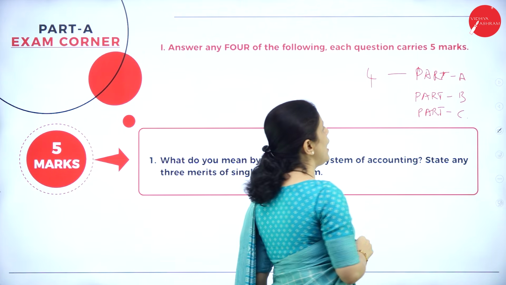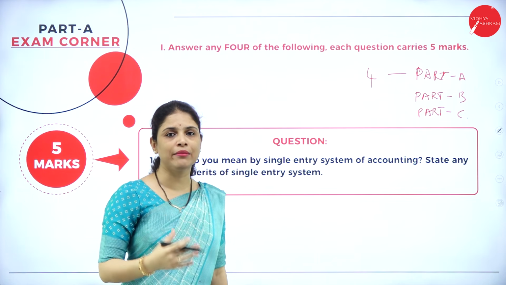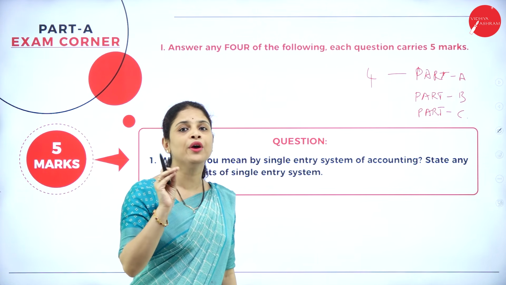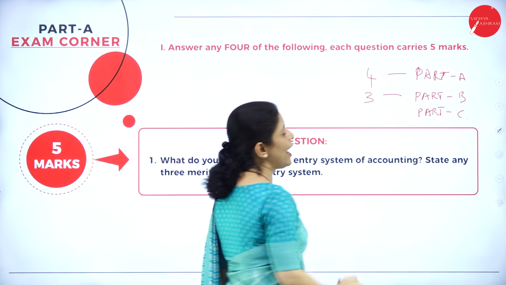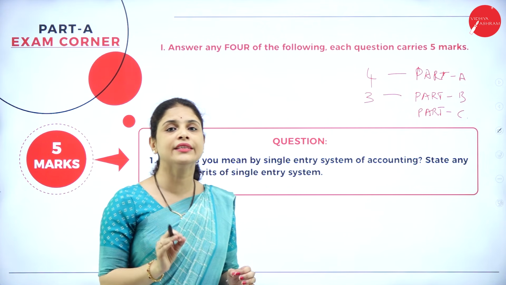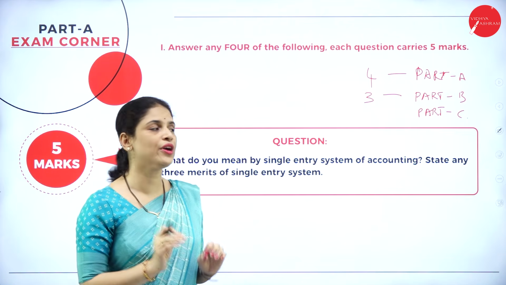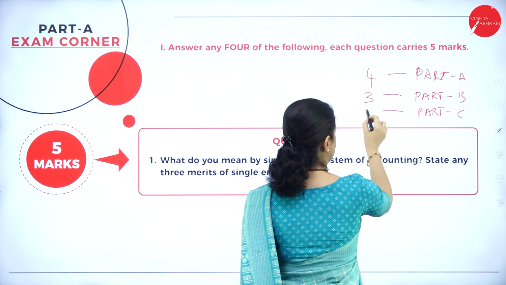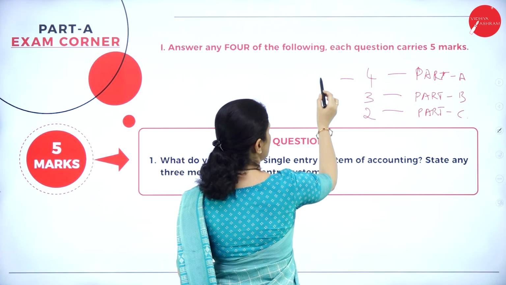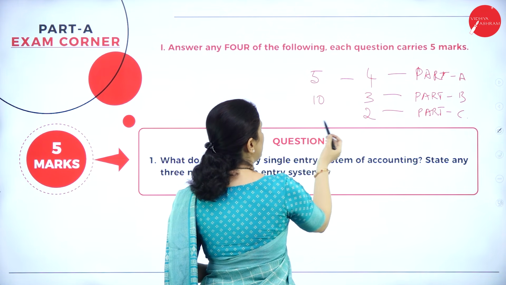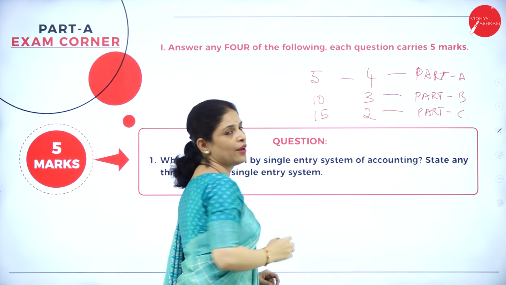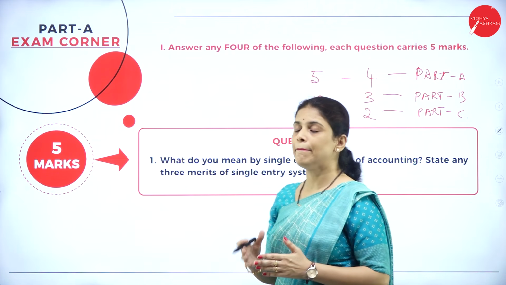In part B there will be 4 ten-marks questions, and you have to attend any 3. In part C there will be 3 fifteen-marks questions and you have to attend any 2. So part A is 5 marks questions, part B is 10 marks questions, and part C is 15 marks questions. Okay, let us go to part A.